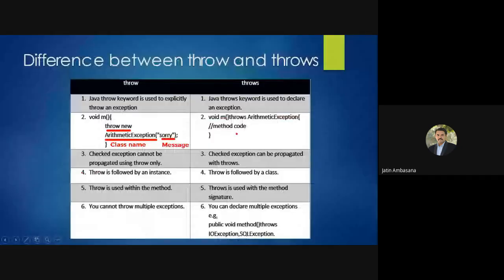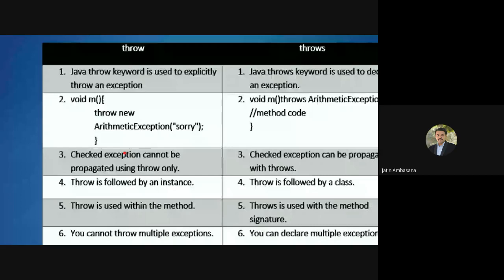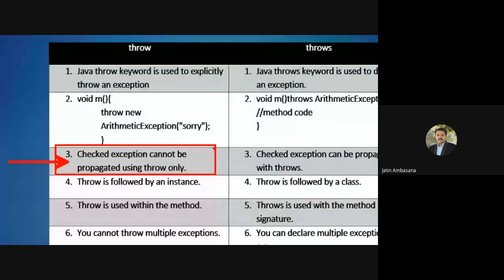Similarly, checked exceptions cannot be propagated using throw only. Arithmetic exception is a runtime exception. So if you declare that it can throw an arithmetic exception, and if you don't declare, that's fine because it's a runtime exception. That's allowed. But you cannot propagate a checked exception like this.